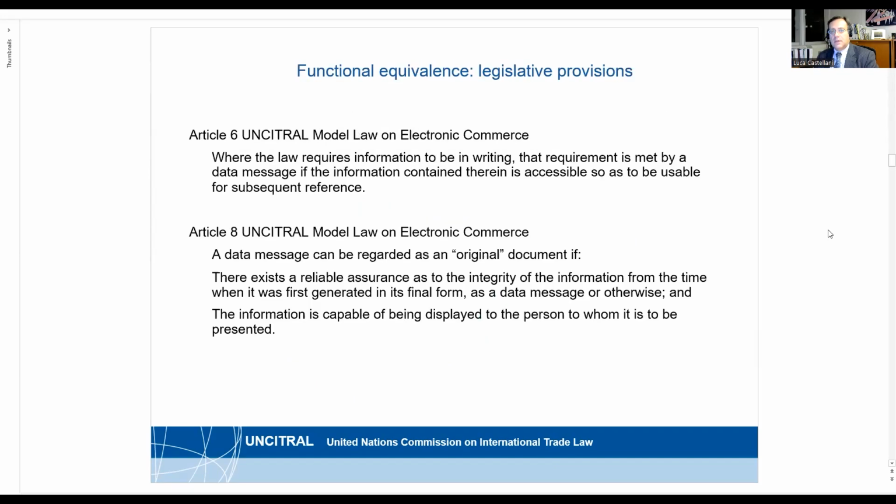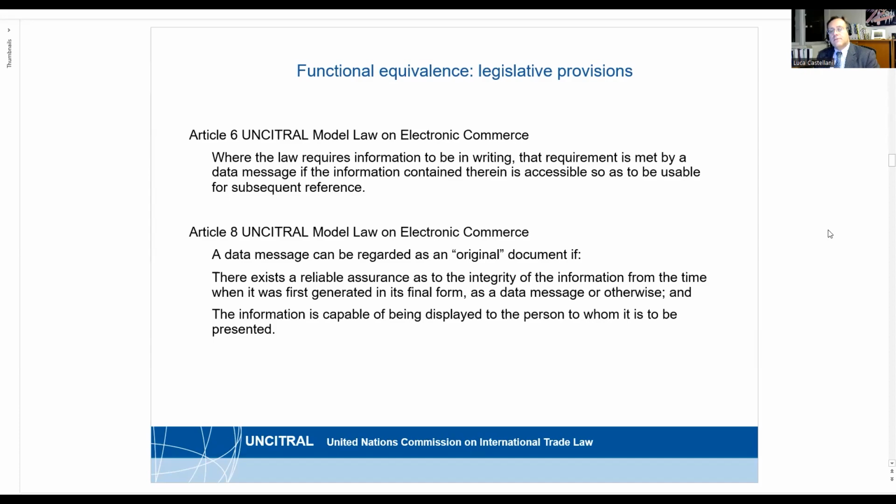For instance, when it comes to writing, what is the reason why the law asks for a document to be in writing? And the reason is because there is the need to have a future reference. There is the need to access that information in the future, so that we can go back and see what was decided, so that we don't have any dispute on what was the actual content of the document.